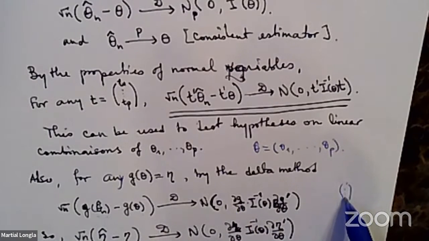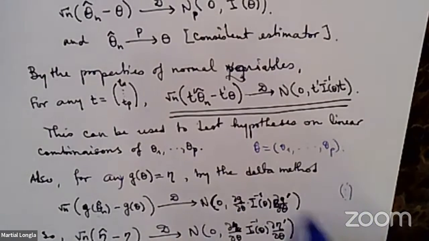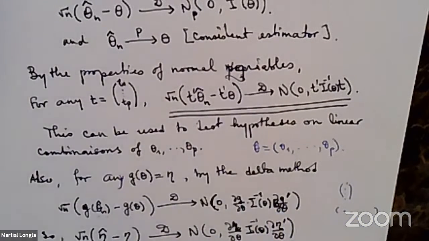But if you're writing that derivative as a row, then the transpose is on this side, right? Because this product should be one number, not a matrix, because we are dealing with g of theta hat, which is just one scalar. Am I making sense?